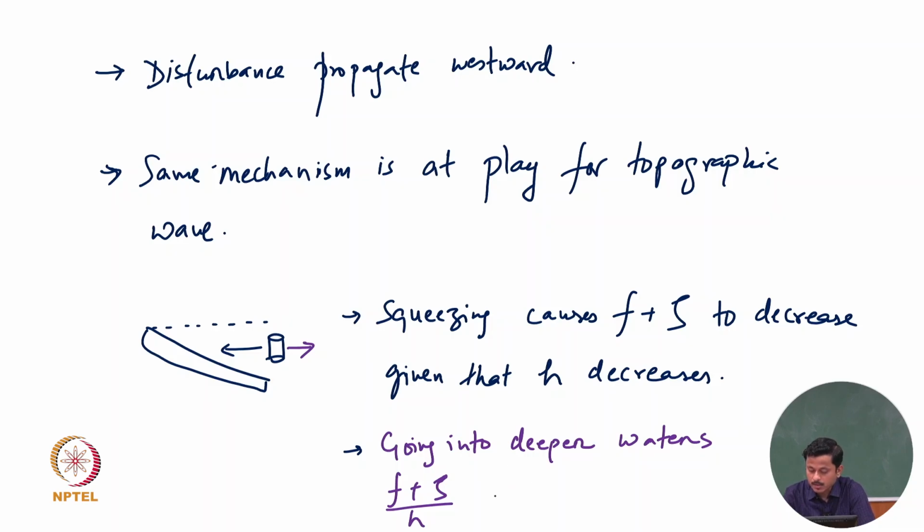That means for this fraction to be constant, zeta gains a positive value.